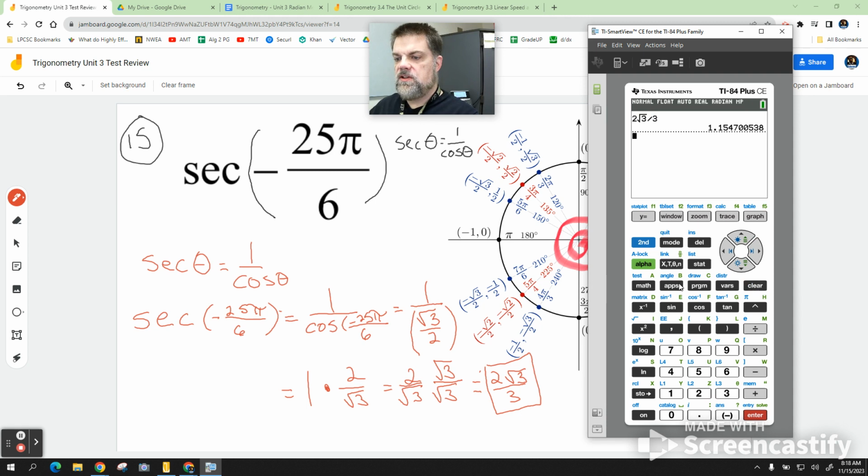So now, this is the only way I can enter this in the calculator. I've got to go to mode, make sure I'm in radian. I am. I actually didn't have to go to mode, because see it right here, it says radian.